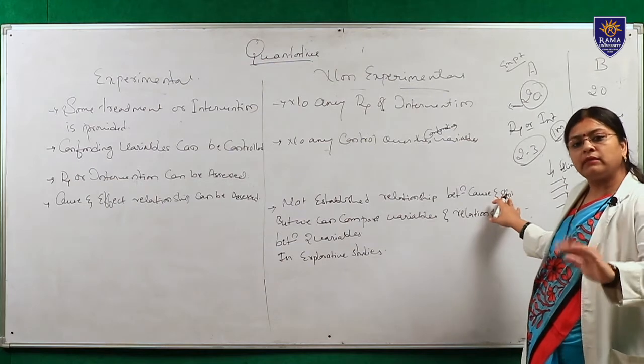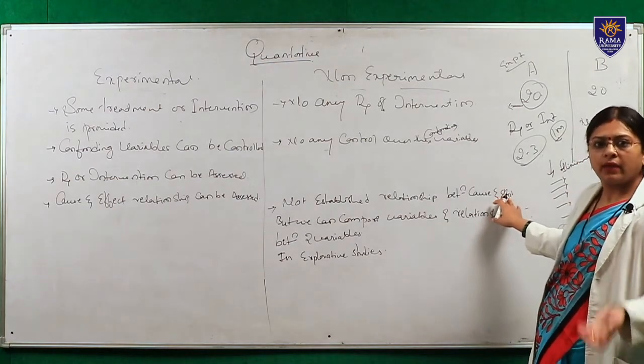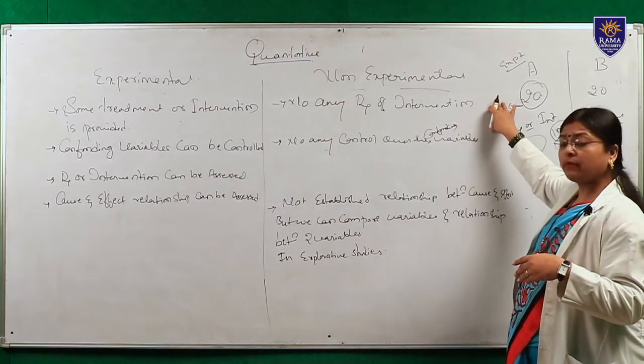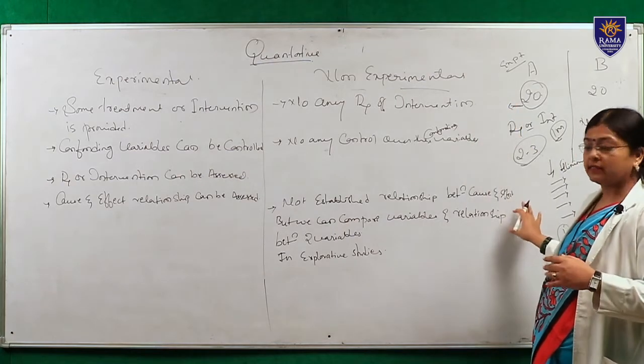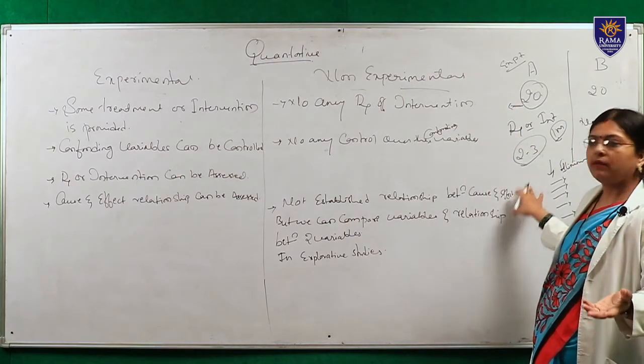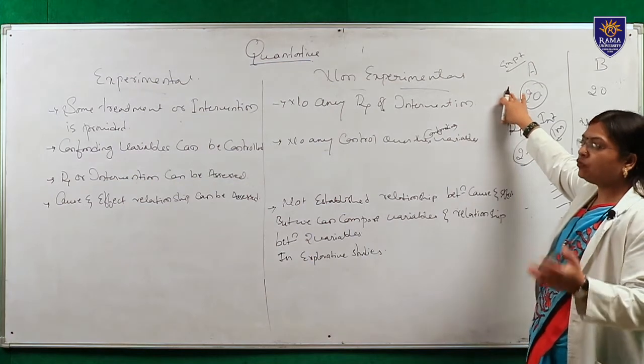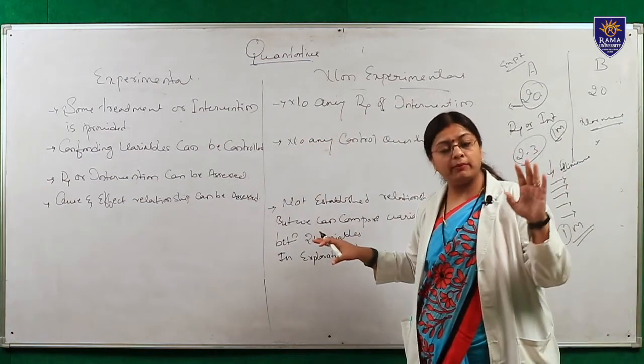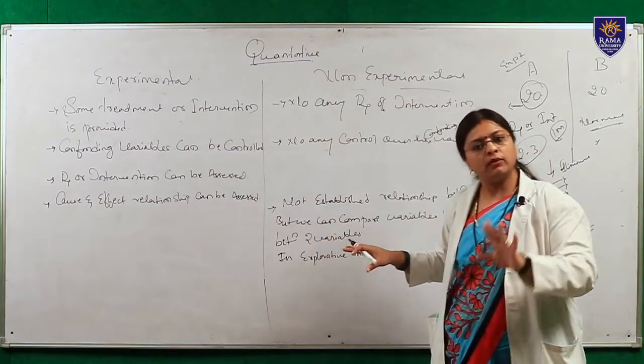Automatically it affects the result, but what this person has taken is not known to the researcher. Such variables are known as confounding variables.